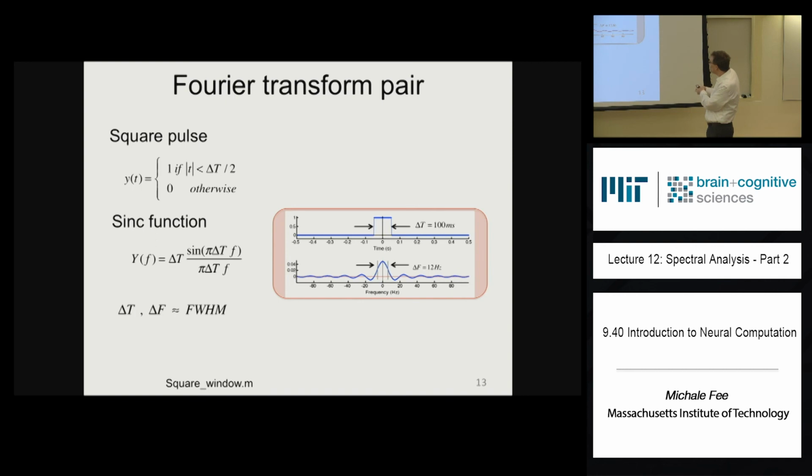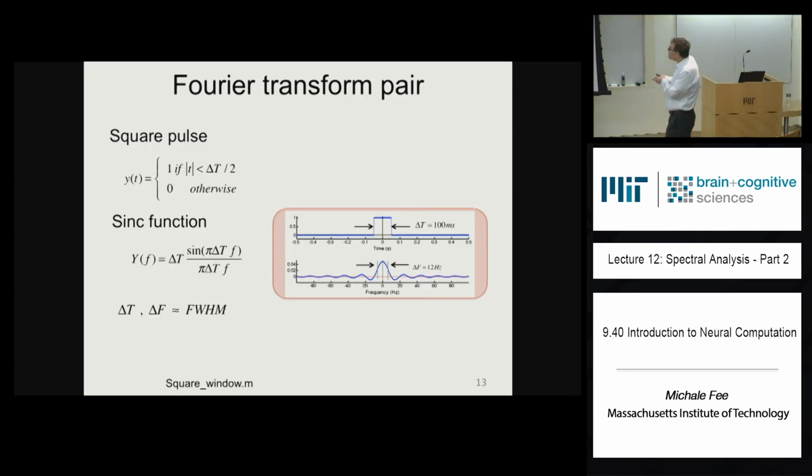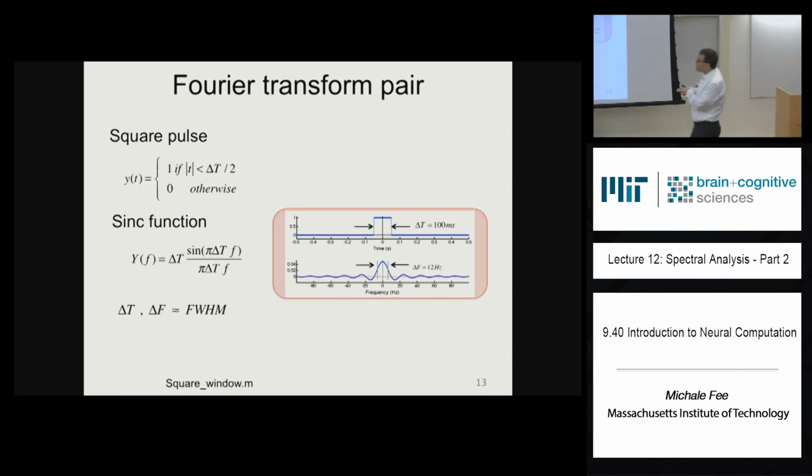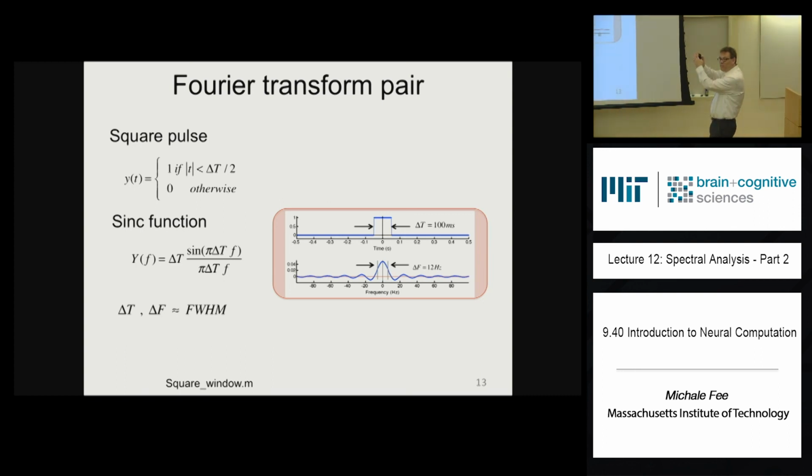So this is frequency along this axis. Imagine that you have a sine wave that gets smaller as you go away from the origin by an amount 1 over f. That's all it is. Now, a really important concept here. Once you know that the Fourier transform of this square wave of width 100 milliseconds is a sinc function, you know what the Fourier transform is of a square pulse that's longer, right?